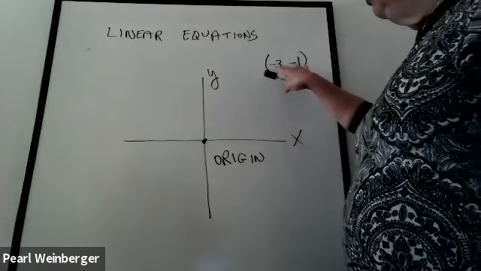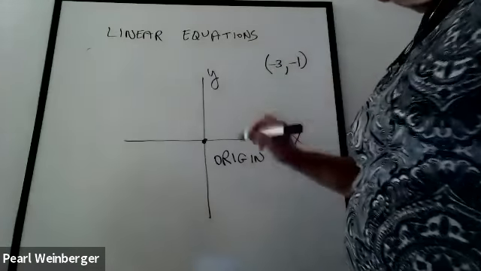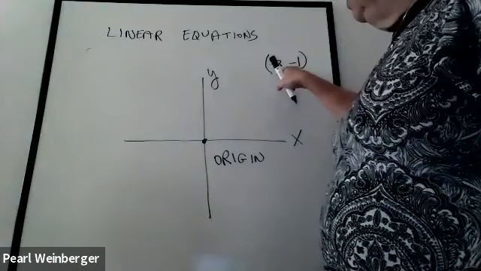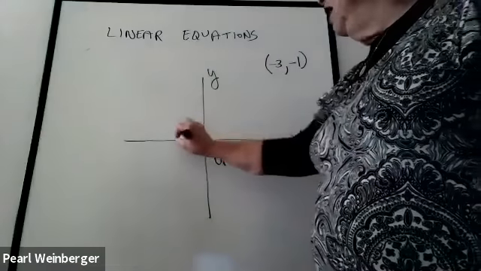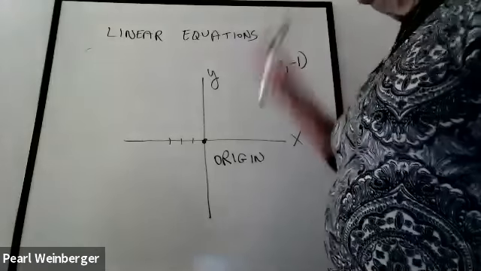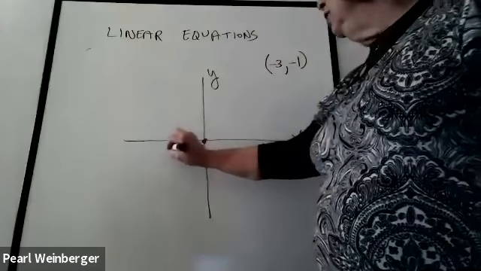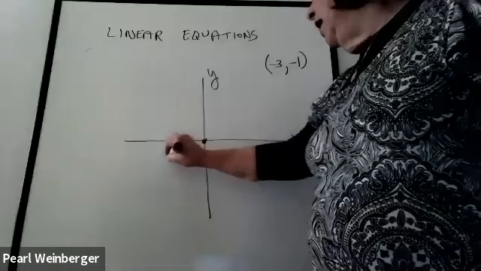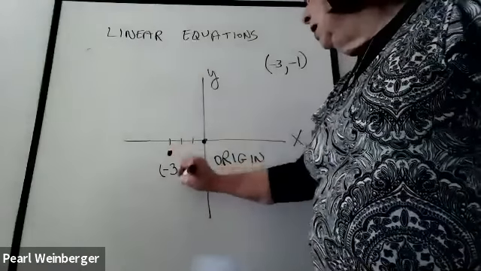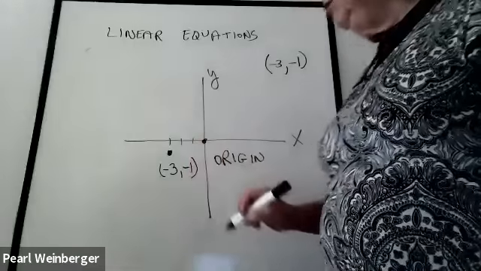If I say go to the point (-3, -1), that means the first number is always the x number. -3 means go 3 to the left. And the second number is always the up and down number, the y number. It goes -1 on that. And here is your point, (-3, -1). I know this is not new for you.